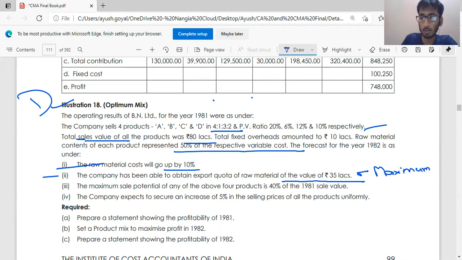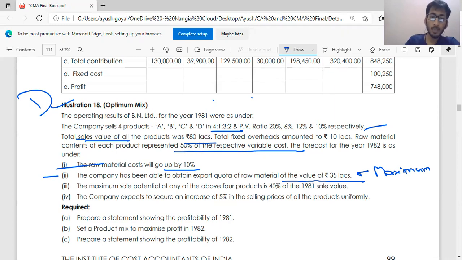Now the maximum sale potential of any of the above four products is 40% of the 1981 sale value. So what is the 1981 sale value? It is 80 lakh, and one particular product can be sold at a maximum of 40% of that 80 lakh.